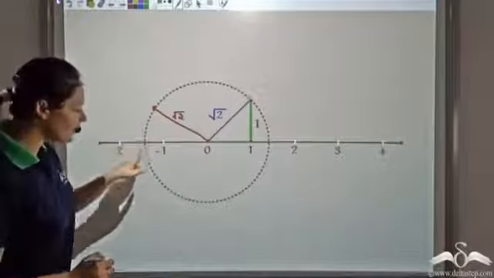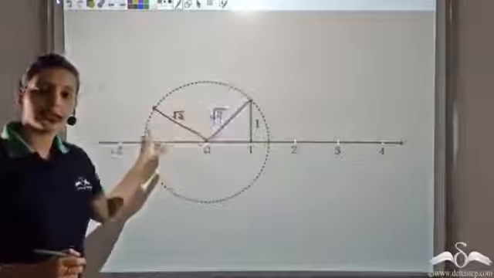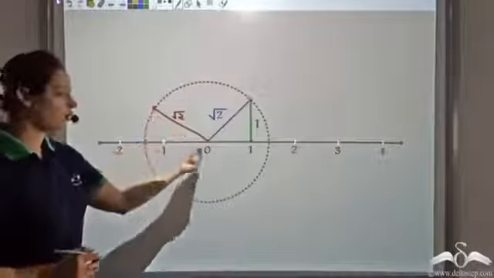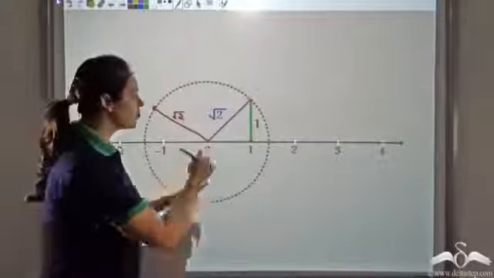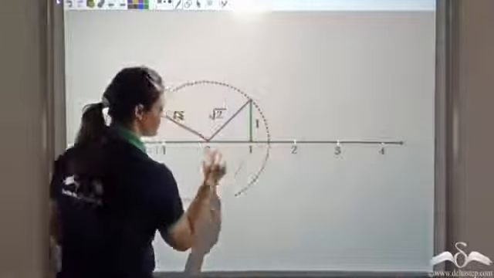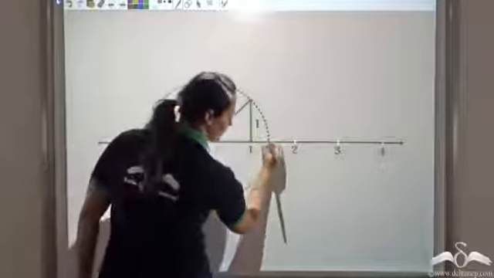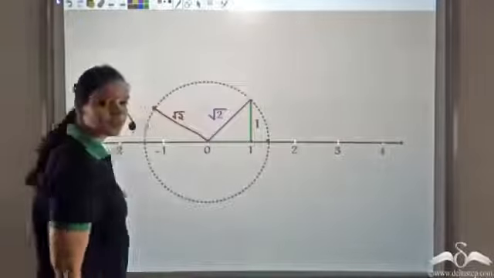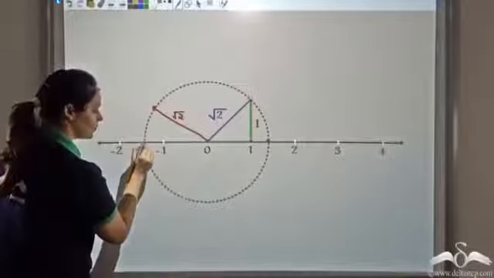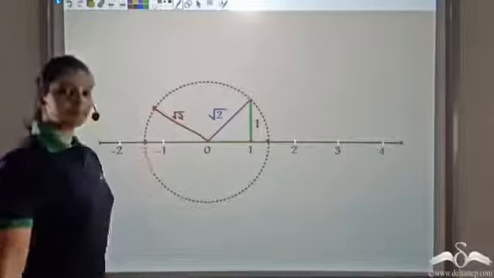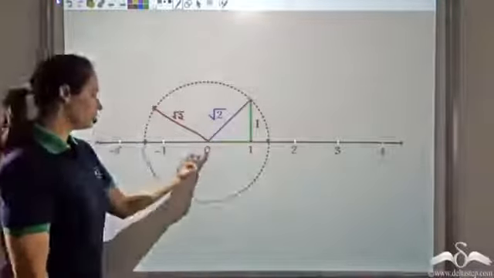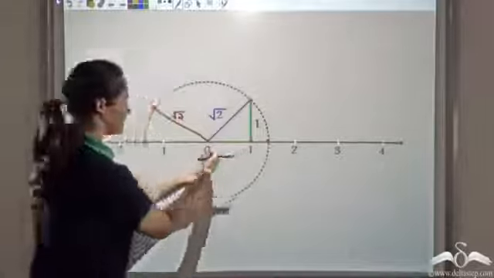That means any point on this circle would give me under root 2 length from 0. That is the radius. So now let's look at this point. I wanted a point which lies on the number line. Let's look at this point, and similarly this point, which is in front of 0, and this one is behind 0.